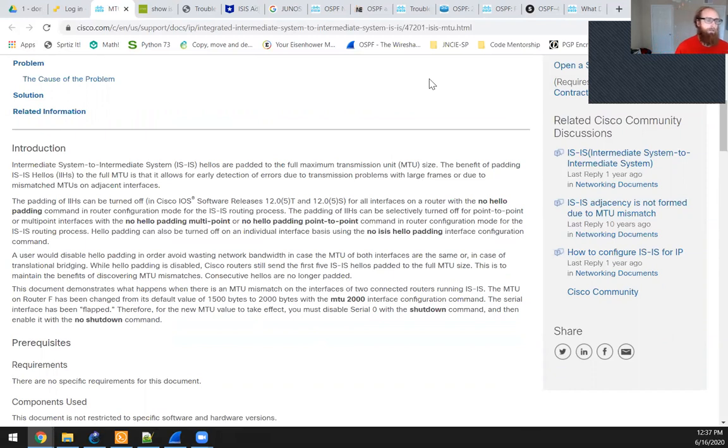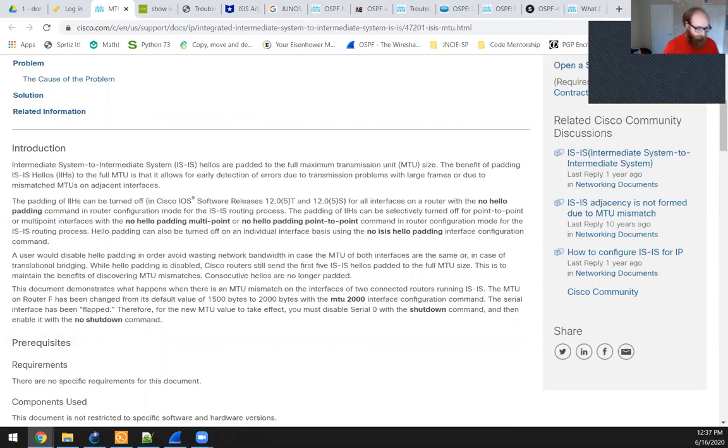The padding of IIHs, ISIS hellos, can be turned off for all interfaces on a router with the no hello padding command, in routing configuration mode for the ISIS routing process. It's going to be different for Junipers.